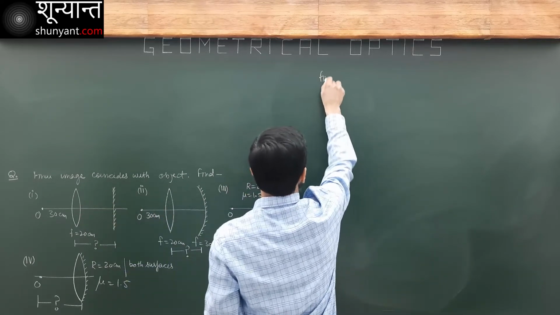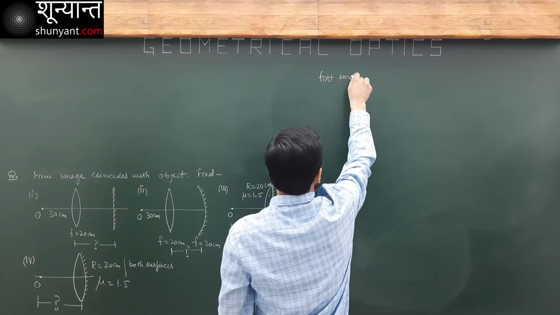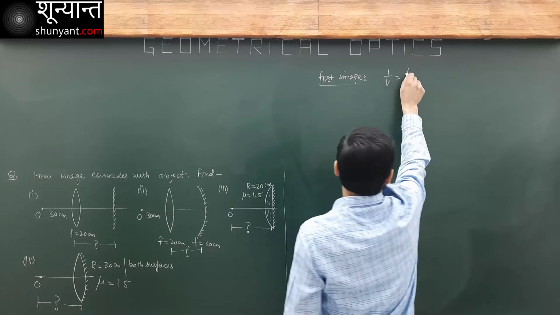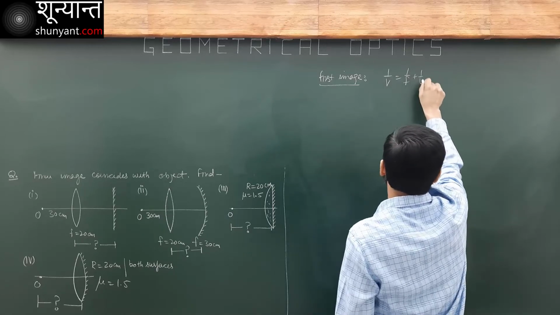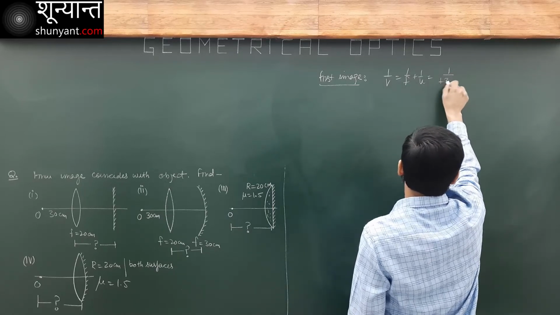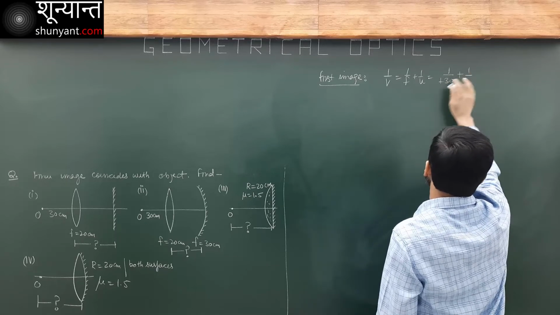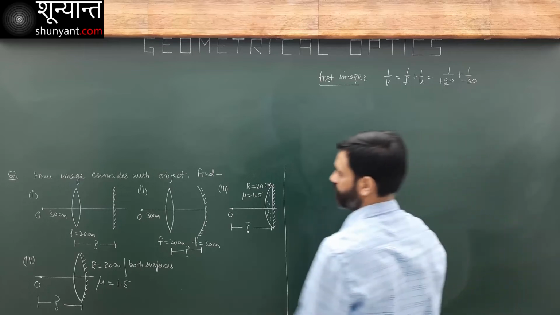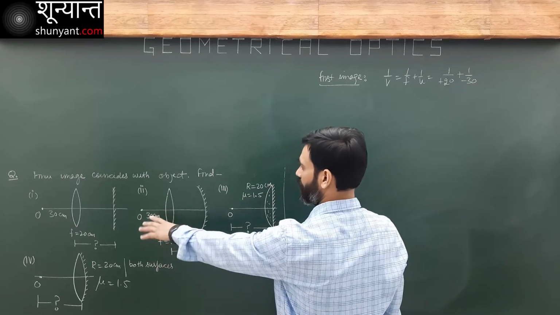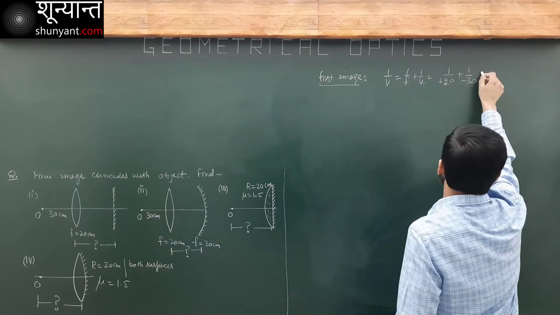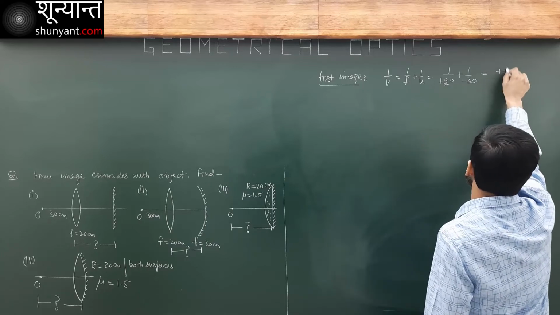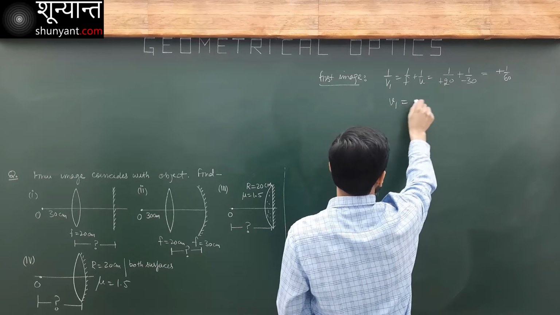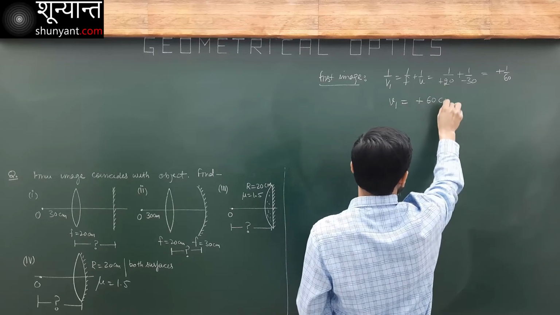So for the first image, 1 over 20 plus 1 over minus 30 is equal to plus 1 over 60. So v1, the first image, is plus 60 centimeters.